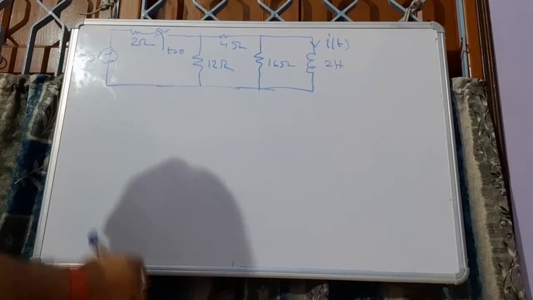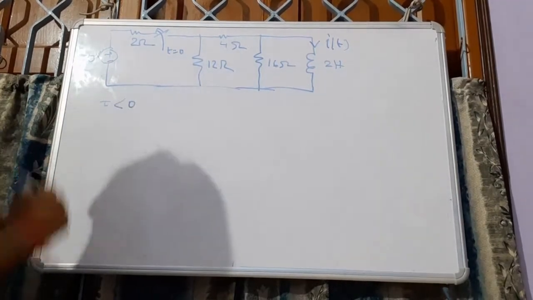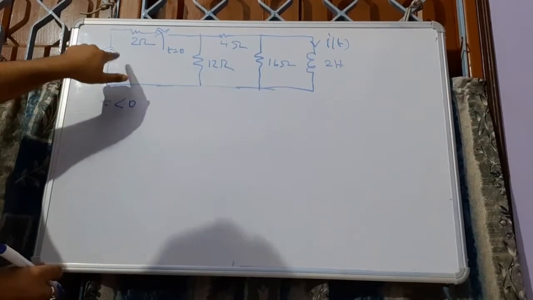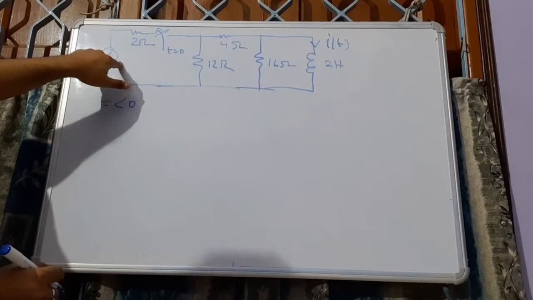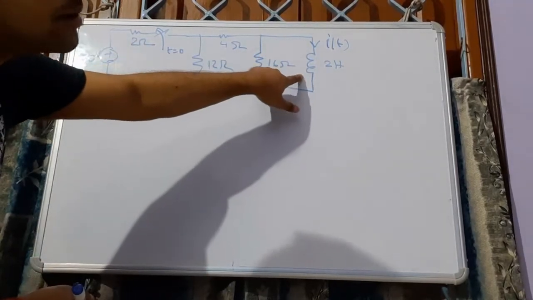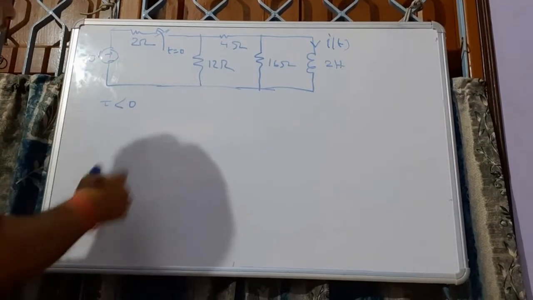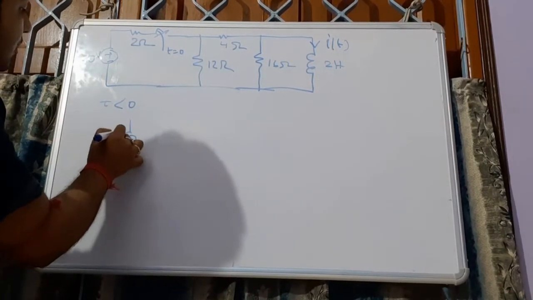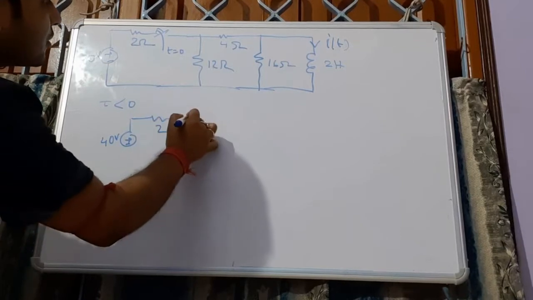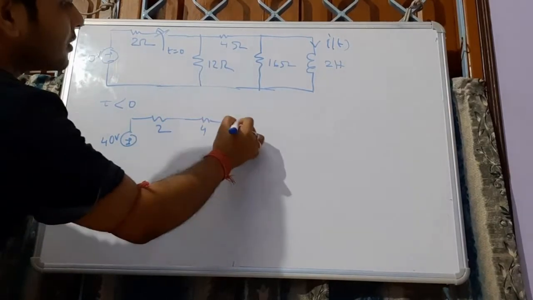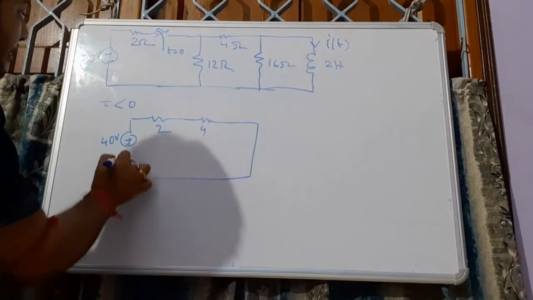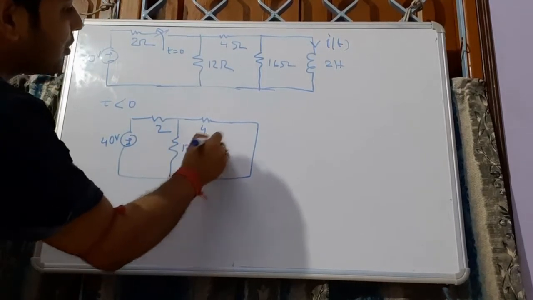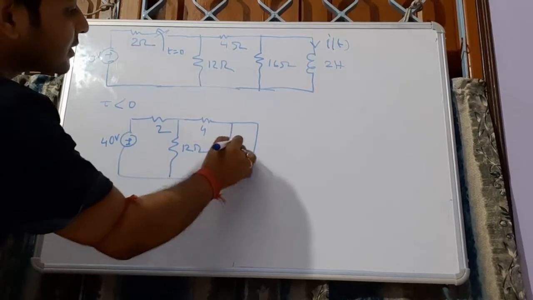So t less than 0 means the DC source is connected. In a DC circuit, the inductor will behave like a short circuit, right? Then what will be the circuit? The circuit will be like this: 40 volt to 4, this is 12 ohm and this is 16 ohm.